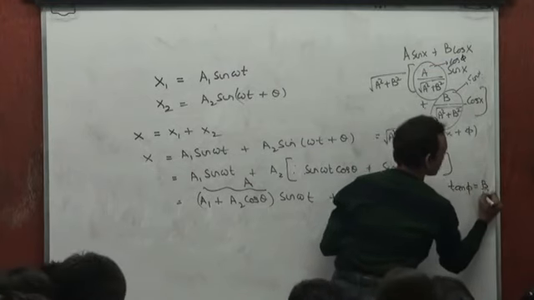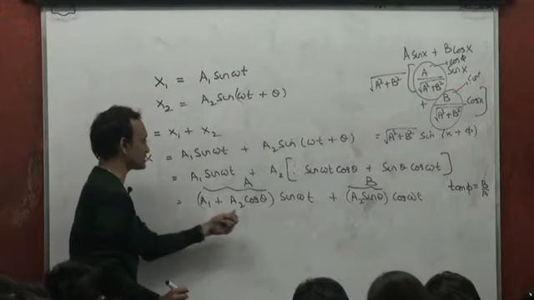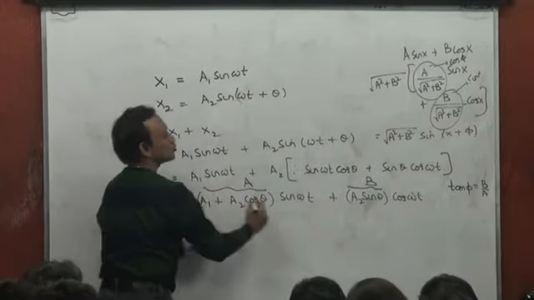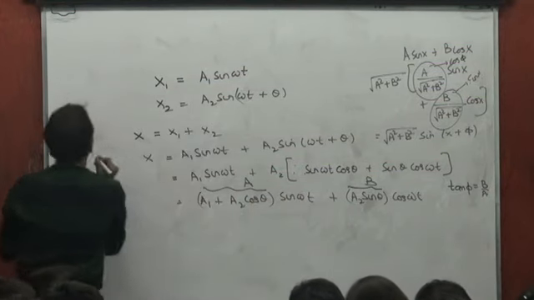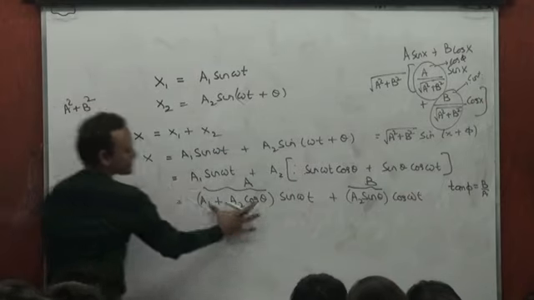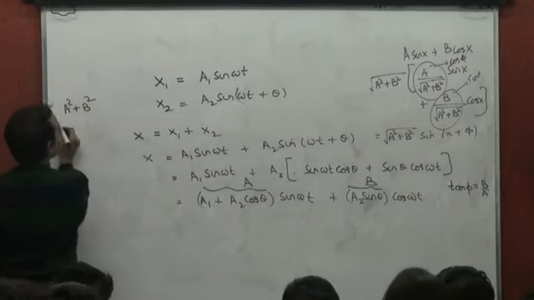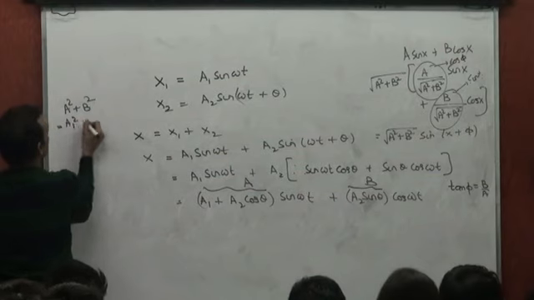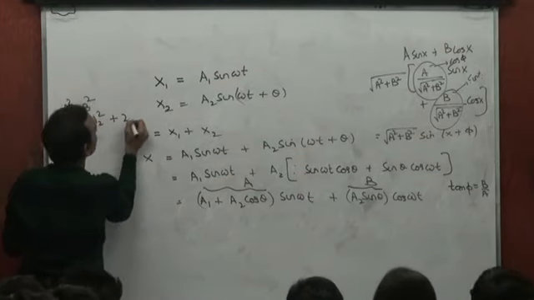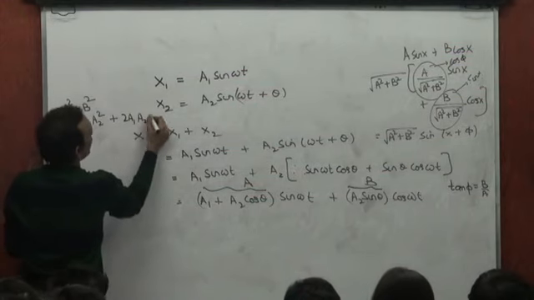Right, recall this. Now using the same thing, this is like a sin x plus b cos x. It could be clubbed together as root a square plus b squared. And what's root a square plus b squared in this case? That is this square plus this square, a1 squared plus a2 squared plus 2a1 a2 cos theta. Yes or no?